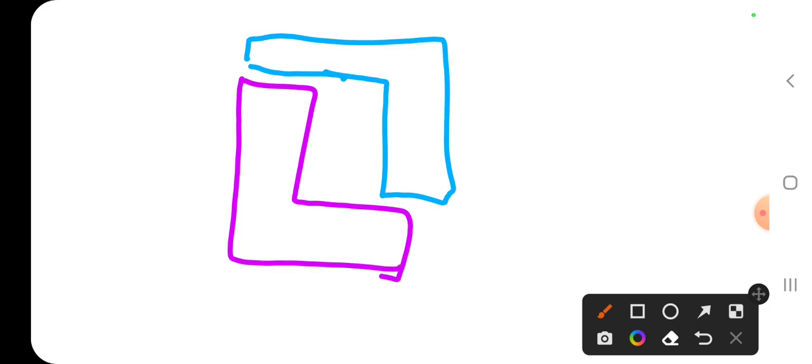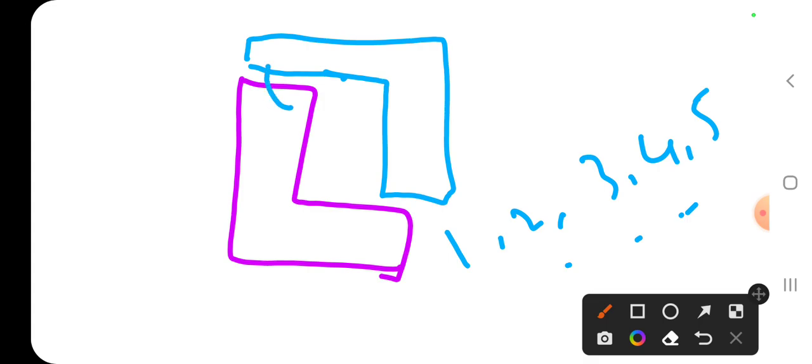There may be n number of layers. This is layer 1, layer 2, layer 3, layer 4, layer 5, and so on. Suppose I have n number of layers, and you can see that here you have one joint, and here also one joint. In the next layer also we have the joint in the same place, and the next layer also has joints in the same place.